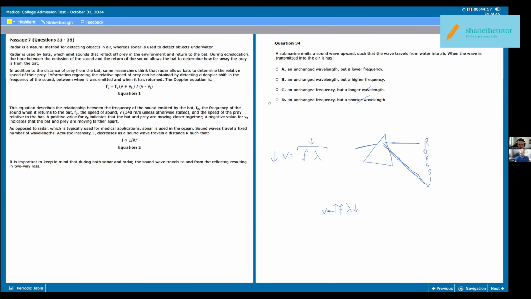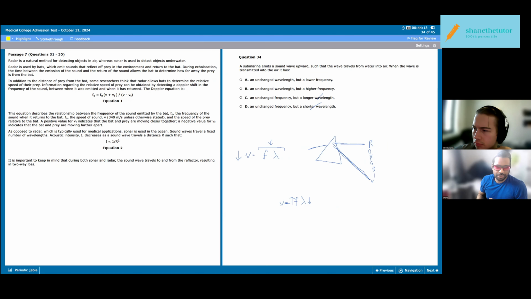Sorry, I was trying to see if I could find a simulation to show you. We know that it won't be a longer wavelength and it won't be a higher frequency, because if anything, it should be lower.